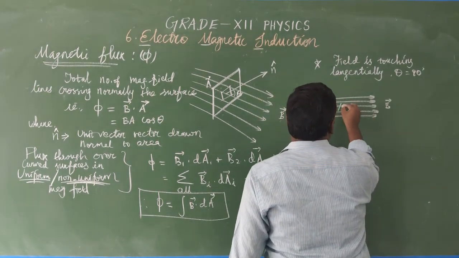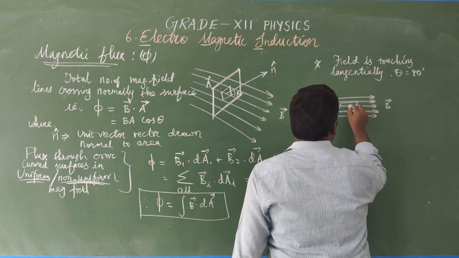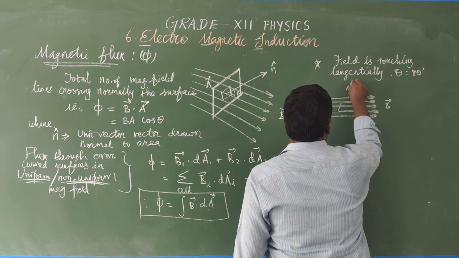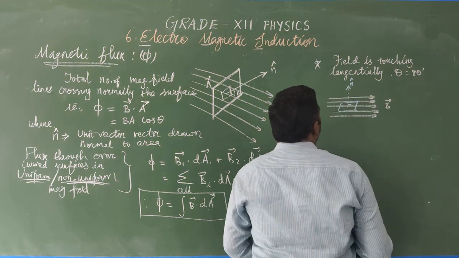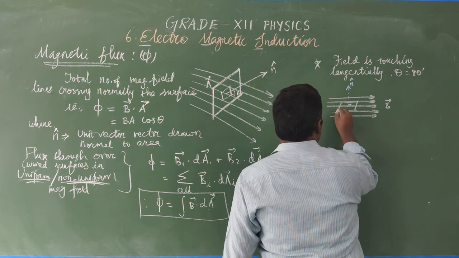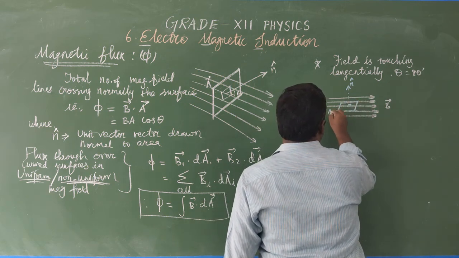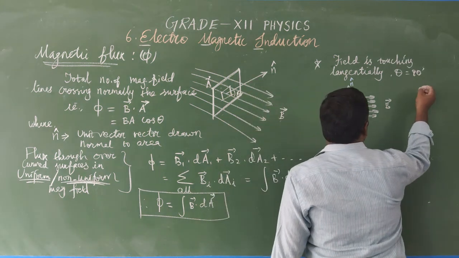So this is the surface. A perpendicular drawn to the surface is called the normal. So the angle between the normal and the magnetic field is 90 degrees, and this surface has the area A vector. So theta is 90 degrees.